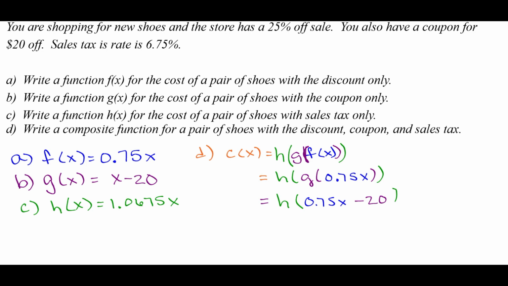And then finally, we're going to plug that into the h function, which is 1.0675 times what's in the parentheses here, which is 0.75x minus 20. And simplifying, that gives us, so we end up with the function 0.800625x minus 21.35.